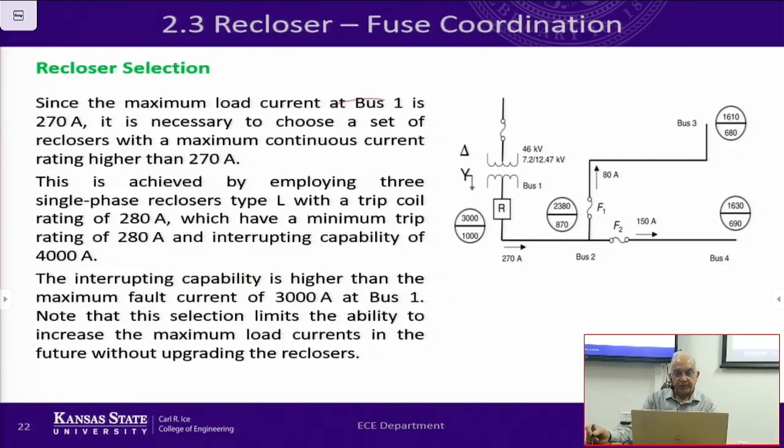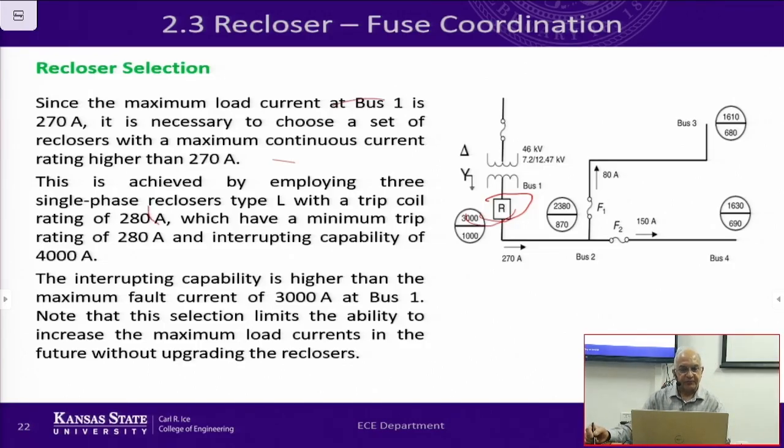Okay, so first of all, we will select the recloser. That's the first thing. We're going to select this recloser, and it has a maximum load current of 270 amps. So we want to pick a recloser that will provide protection for that current.